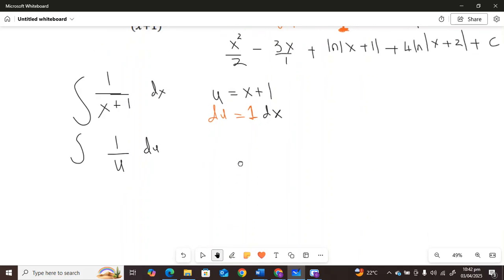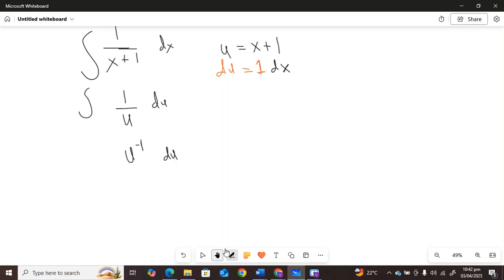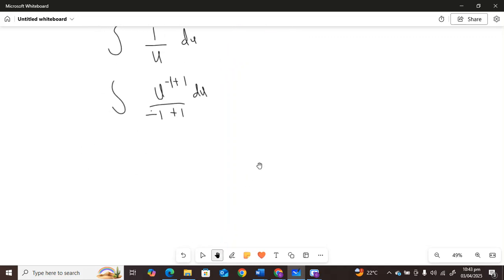Okay, so 1 over u is the same as u to the power negative 1. Remember laws of indices, colleagues? So if we integrate u now, add a 1 here, negative 1 plus 1, that is 0.